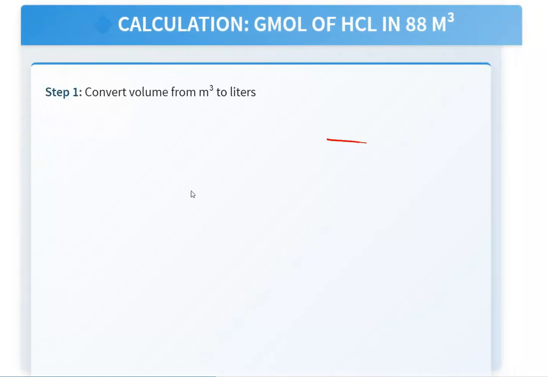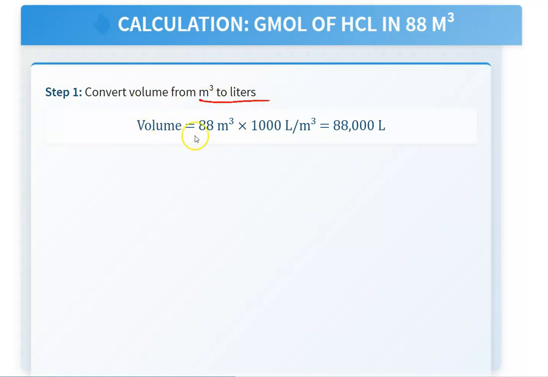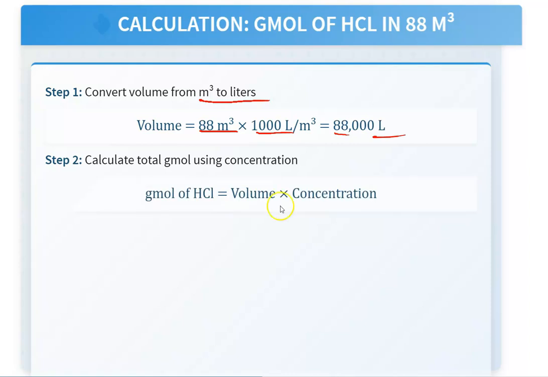Now here, first convert that volume from meter cube to liter. The volume is given as 88 meter cube, so multiplied with 1000 liter per meter cube, the volume will be 88,000 liter. And then calculate the total gram mole using the concentration. Gram mole of HCl is nothing but volume into concentration.